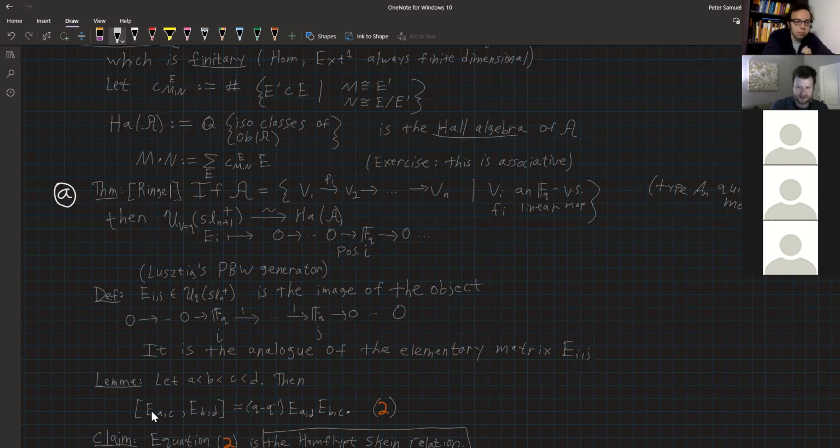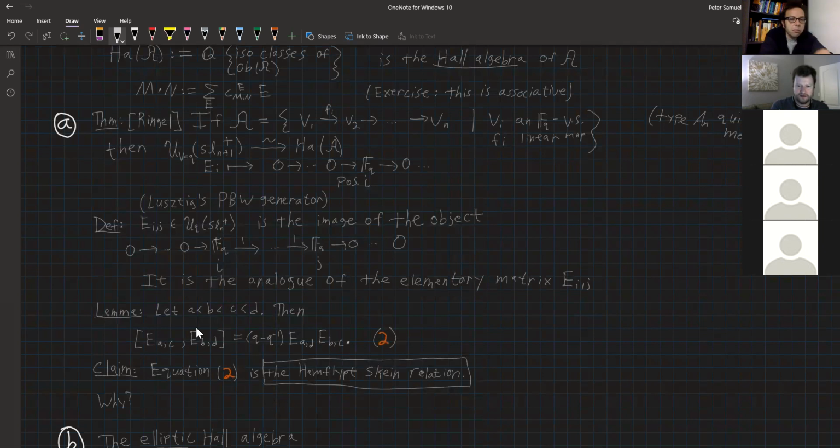And they satisfy some nice relations. It's not too hard to prove, and a lot of people have done this computation. Let's say we have a sequence of four strictly increasing numbers, a, b, c, d. Then we can take the commutator of E_ac with E_bd.